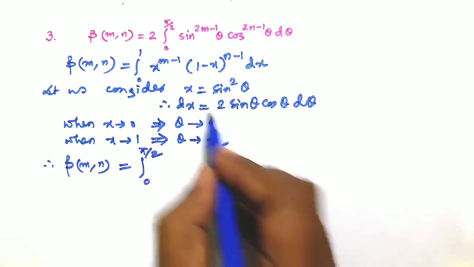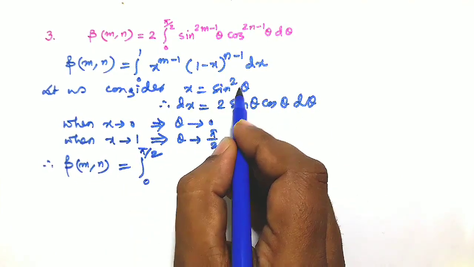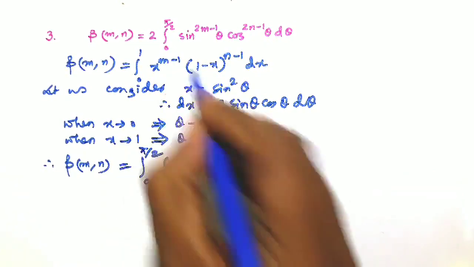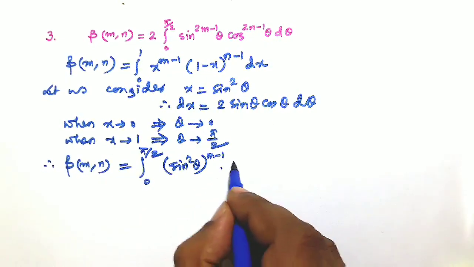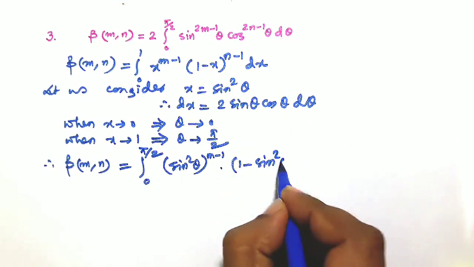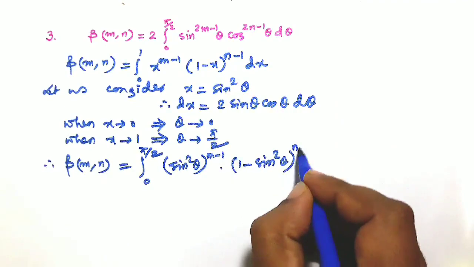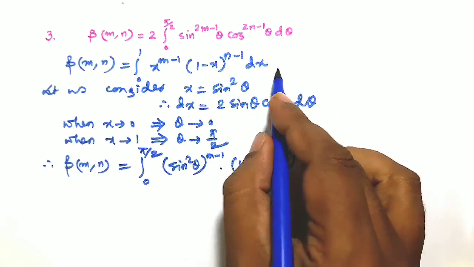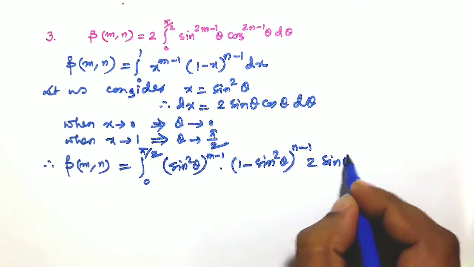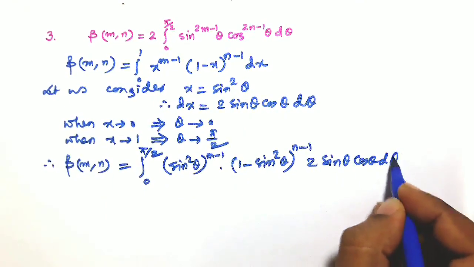x to the power m minus 1. What is x? x is equal to sine square theta. So this is (sine square theta) whole power m minus 1 into 1 minus x, (1 minus sine square theta) whole power n minus 1 dx. What is dx? dx is equal to 2 sine theta cos theta d theta. Okay.